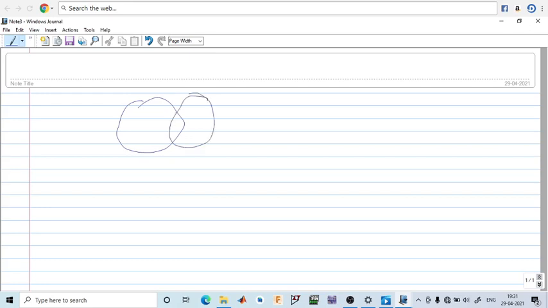Suppose these are the two circles, and the tangents are like this.